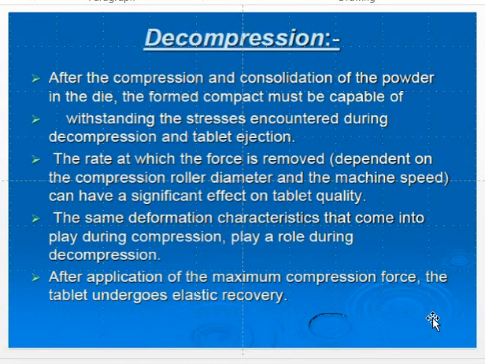Now these are the theories explaining how the particles get joined. The next step is decompression. Decompression means when we are releasing the pressure, when the upper punch returns to its own position. After the compression and consolidation of the powder in the die, the formed compact mass must be capable of withstanding the stresses encountered during decompression and tablet ejection.